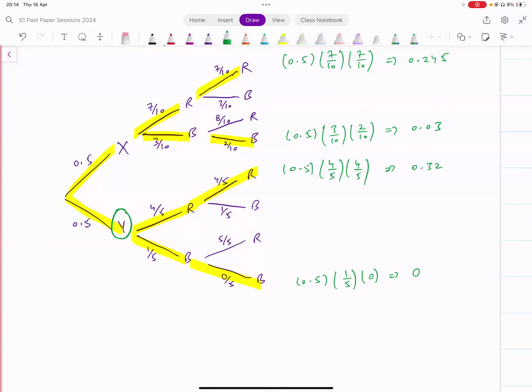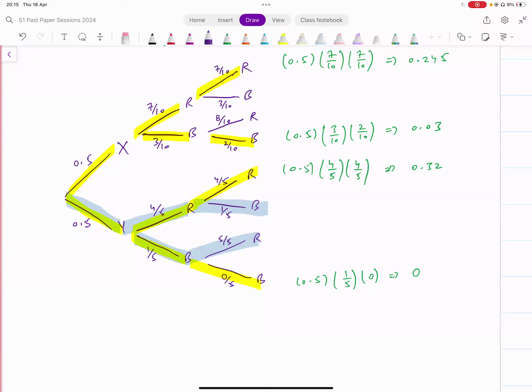When are both not the same color? It's either this case, that you choose Y and you have first red and then second blue. That's one possibility. Or you choose Y and you have first blue and second red. These are the 2 cases that you're going to have in the numerator.